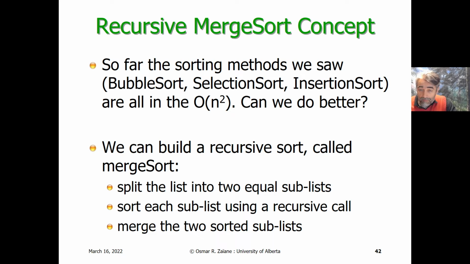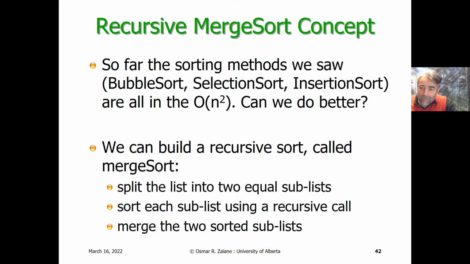All the other algorithms we saw, bubble sort, selection sort, insertion sort, are all in the order of n squared. This is in terms of number of comparisons that they have to do, not in terms of the swaps or the shifting, because that depends upon the state of the container, if things are almost sorted or not.